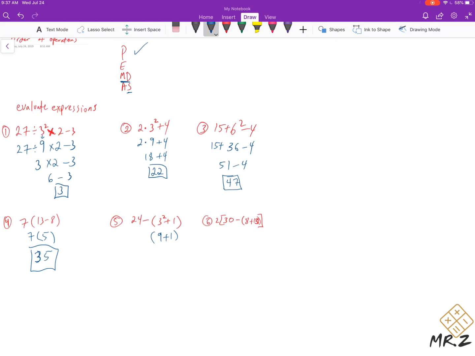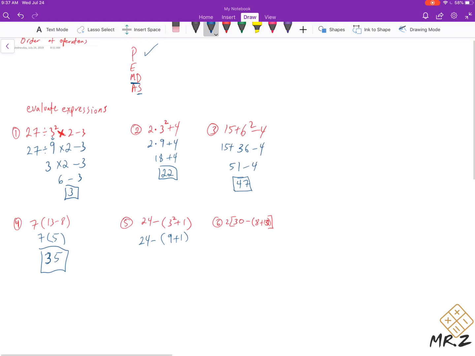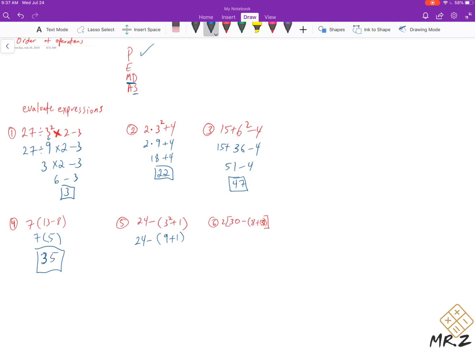As I told you, I like to rewrite everything that way, so everything is written in order, I don't miss anything, and there are no silly mistakes. Now we have the parentheses 9 plus 1, because in the parentheses we had an exponent, so 3 squared was 9. We still have to deal with the parentheses. 9 plus 1 is 10, and then 24 minus 10 is 14.